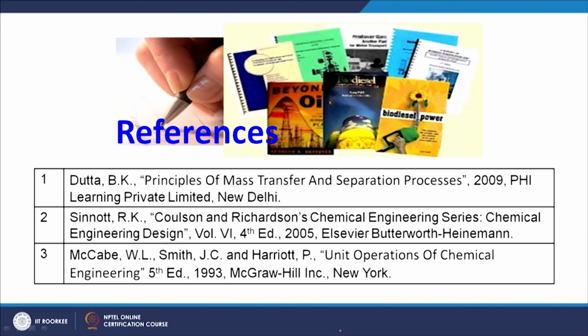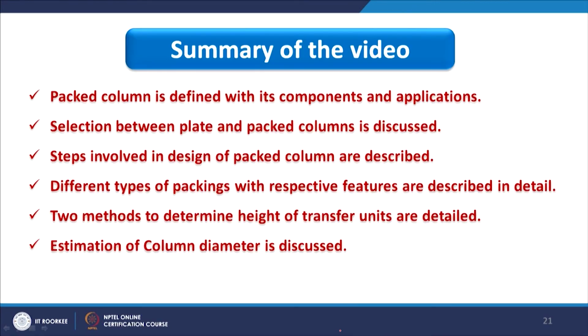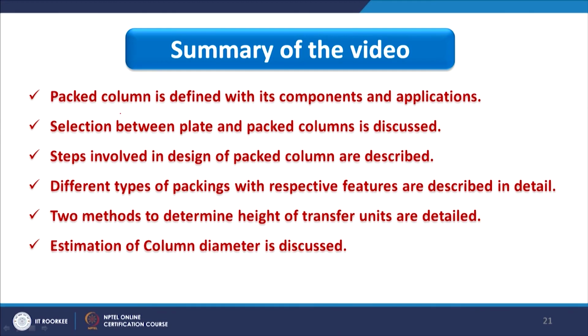So, here we have some references which you can go through, and now we have the summary of the video, and this is the summary of the third, fourth and fifth lectures of this week, where we have covered the packed column. So, let us see. In these lectures, packed column is defined with its components and applications. Selection between plate and packed column is discussed.